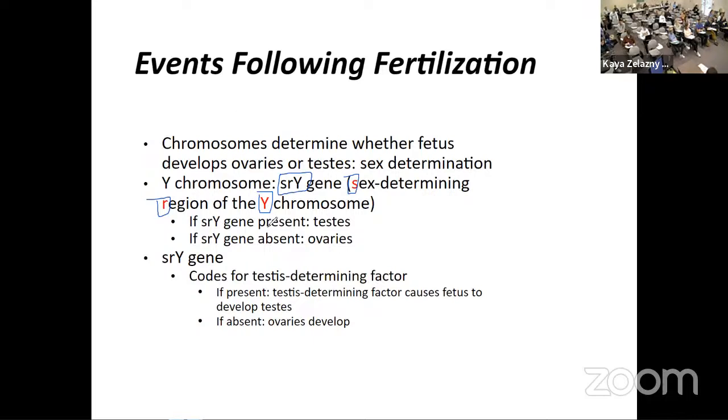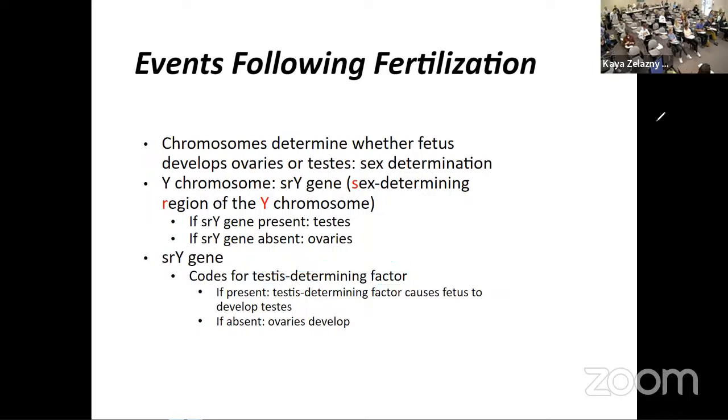However, when the SRY gene is present, what it codes for is something called testis determining factor. So it is a factor that is determining whether you have testes or not. Again, very creative naming here.